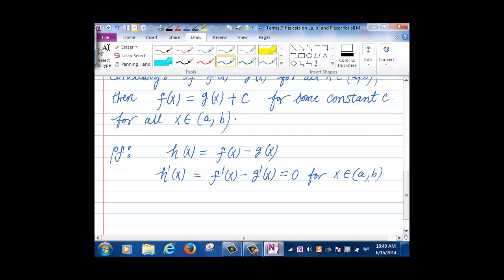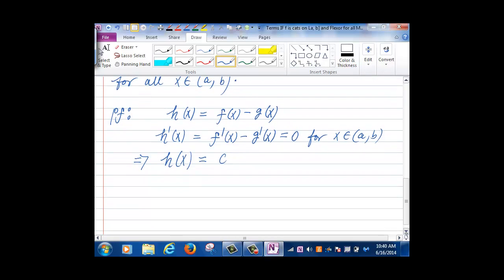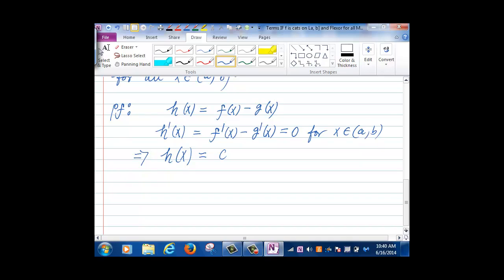Okay? So then, the derivative of h is 0 for every x between a and b, right? And what do we know about that? We know that h of x should be a constant function, right? If the derivative of h is 0 everywhere between a and b, then the function must be constant. So h of x is c for some constant c.